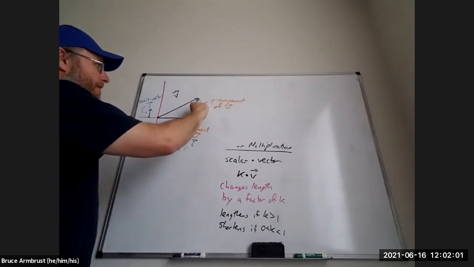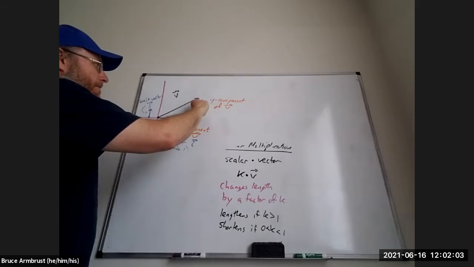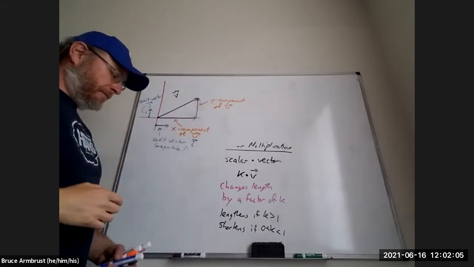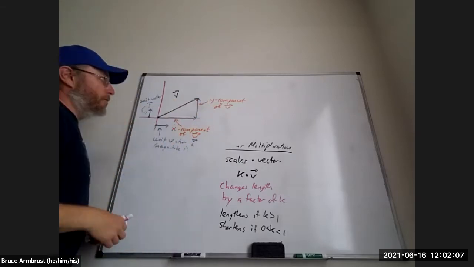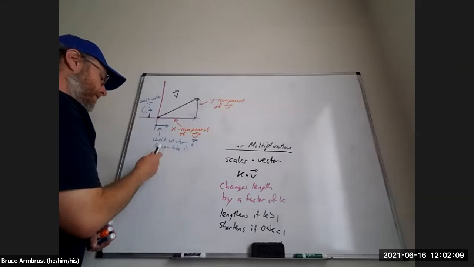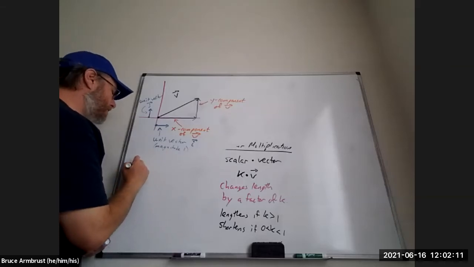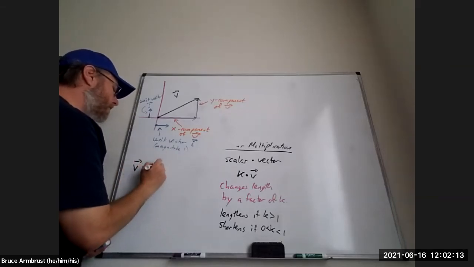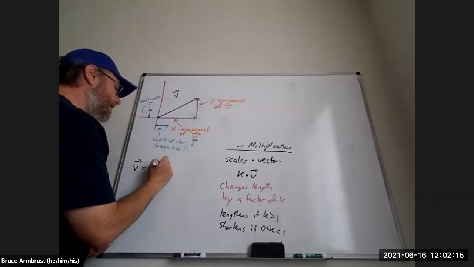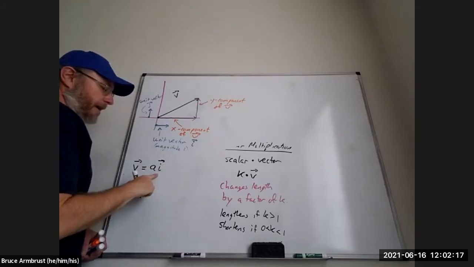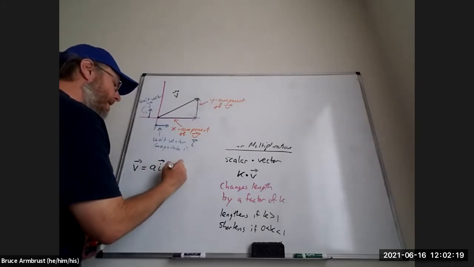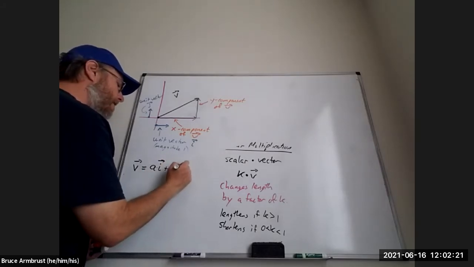The same thing for the y component. And so here's how we represent vectors in an algebraic way. We're going to write them as a times the vector i, plus b times the vector j.